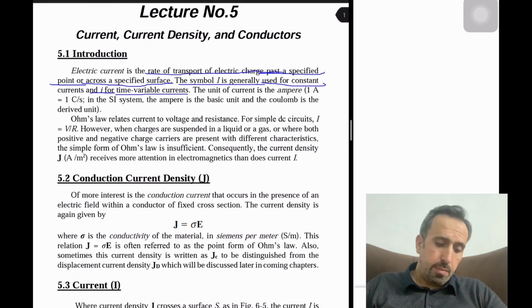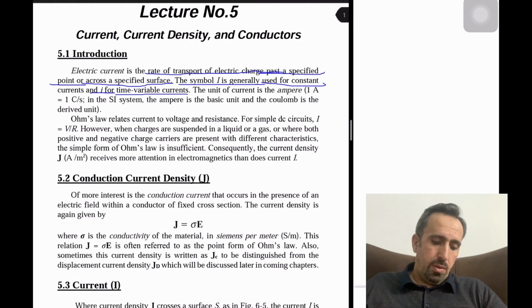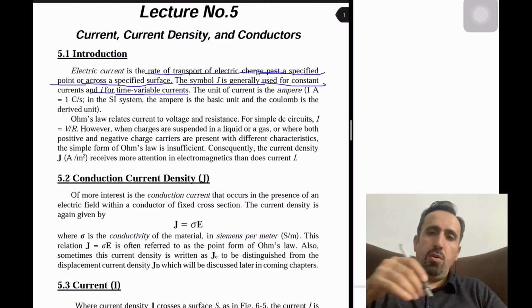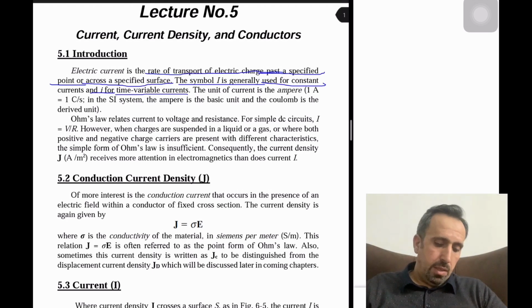Now, this will not be the case for electromagnetics. Why? Because the electrical charge may be confined in gases or liquids. For that reason, it will not be simply a flow of charges passing through a certain conductor, but may be suspended in liquid or gas.